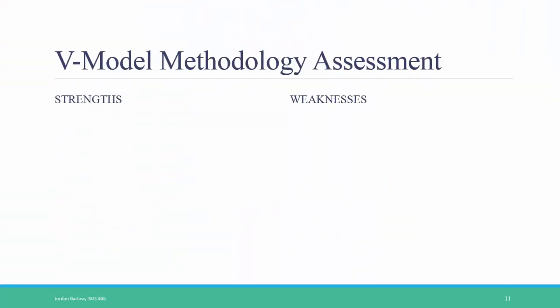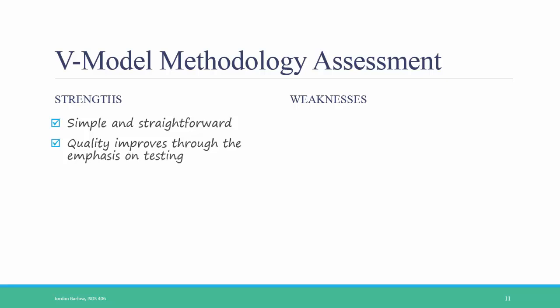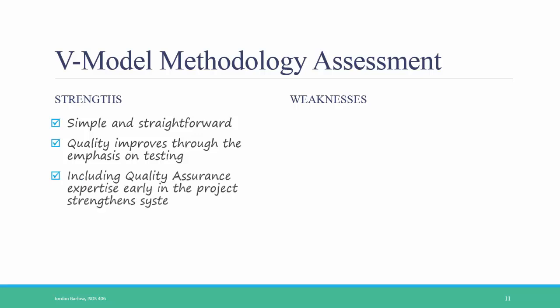The strengths of the V model are that it's simple and straightforward. Again, you're just moving from planning to analysis to design to implementation. But you also have improved quality because you emphasize testing even while you're still in the analysis and design phases. It also includes quality assurance expertise early in the project to ensure that you have a high quality system.